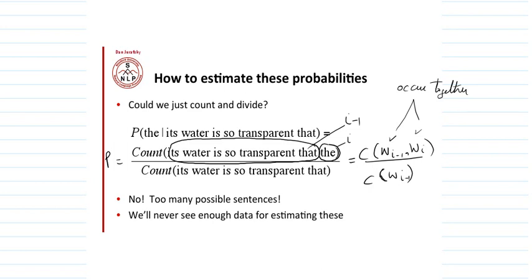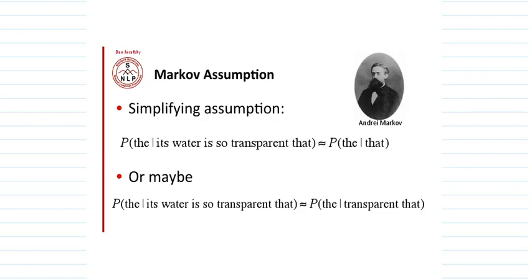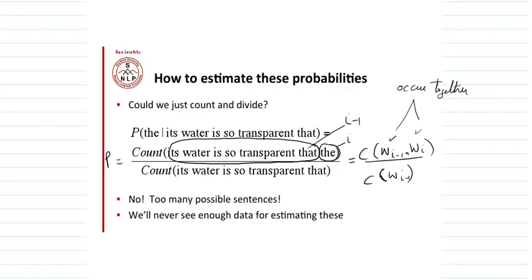And when this becomes too long, it means that this count will be very low, and this count will also be very low, and the overall probability will not be very satisfactory, right? Not too many possible sentences will be there. Why will the probability be low? Because we never see enough data for estimating these, so we don't have enough data.